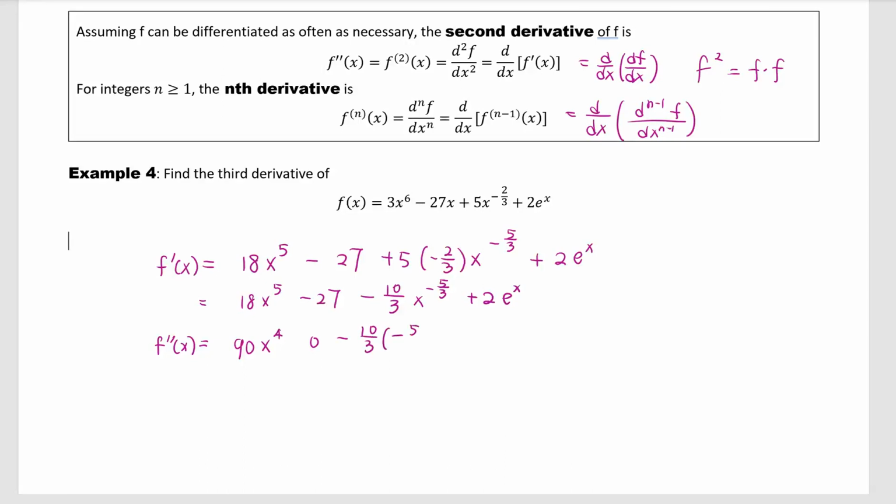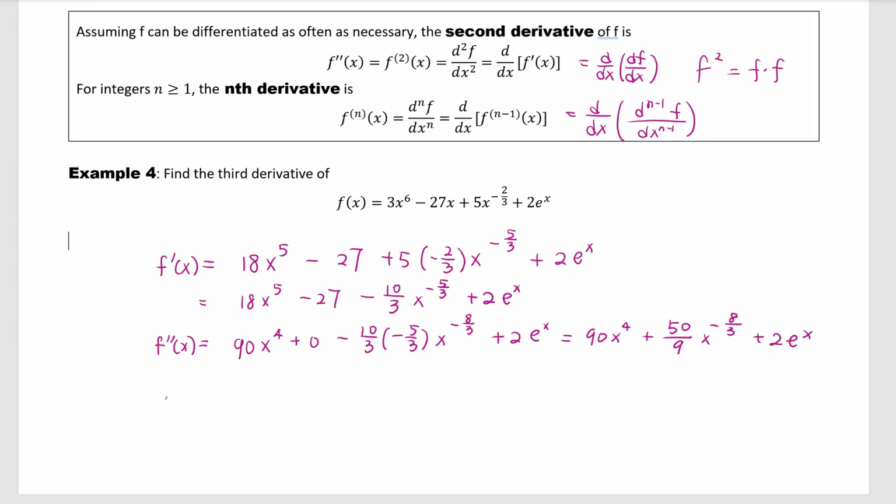Move the exponent down in front, x to the original exponent minus 1, which is minus 8 over 3. The exponential function is still the same. So we get 90 x to the 4th; minus minus becomes plus 50 over 9 x to the negative 8 over 3 plus 2 e to the x.